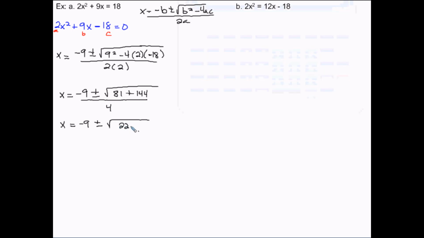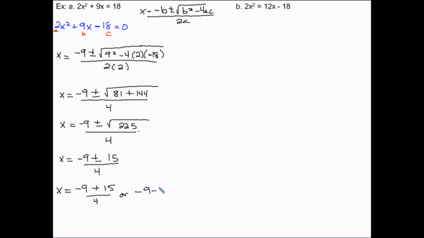225 divided by 4. Negative 9 plus or minus the square root of 225 is 15 divided by 4. So I have negative 9 plus 15. Oops, not 2, sorry. Divided by 4. Or negative 9 minus 15 divided by 4.